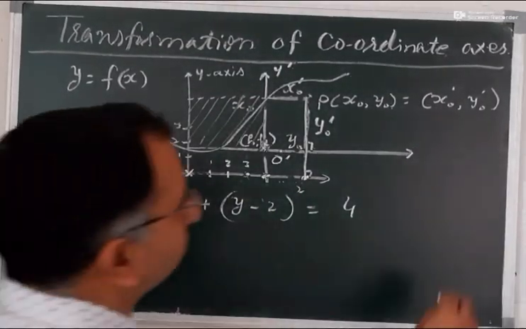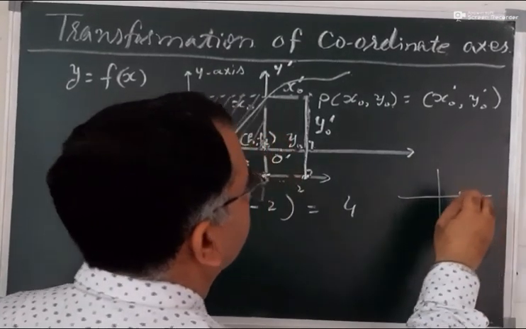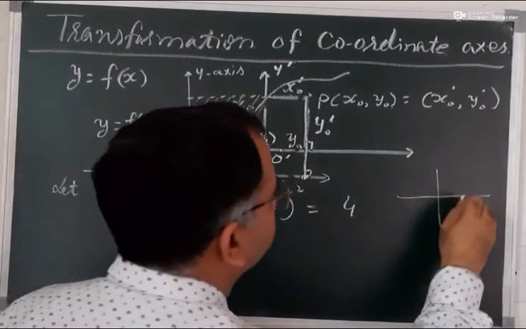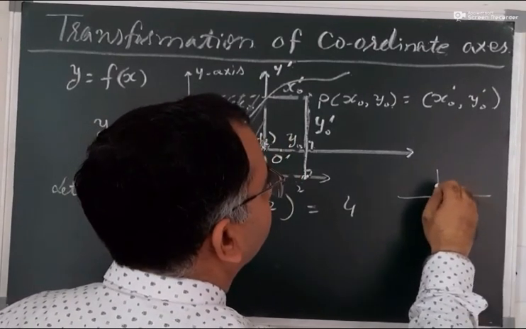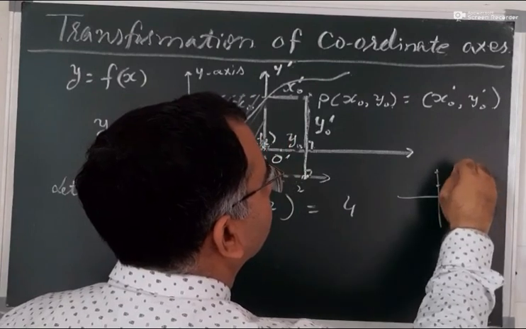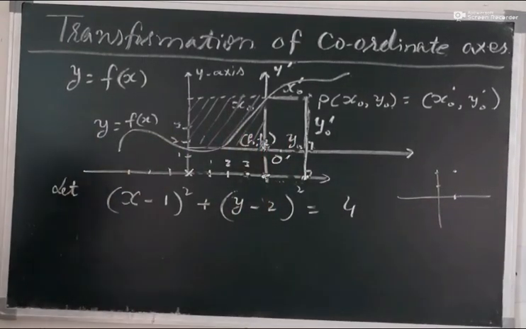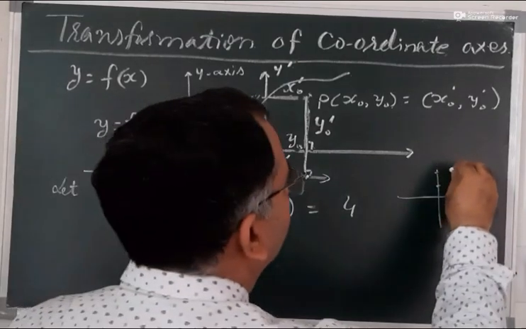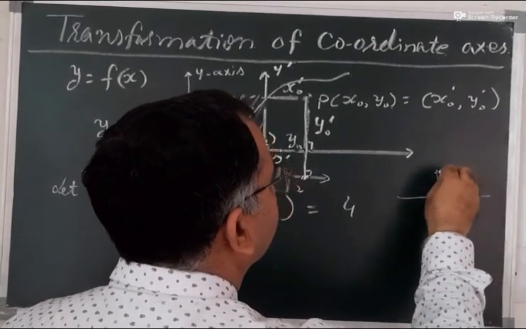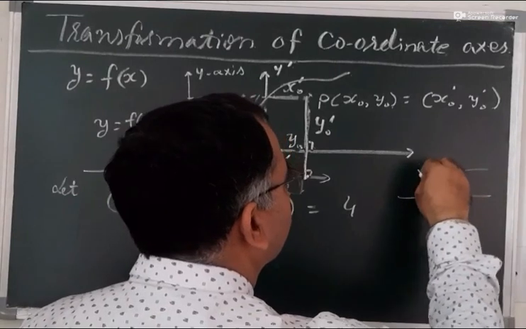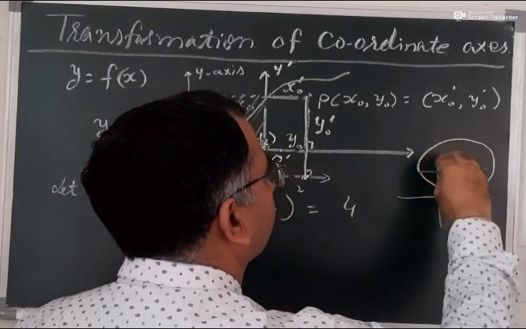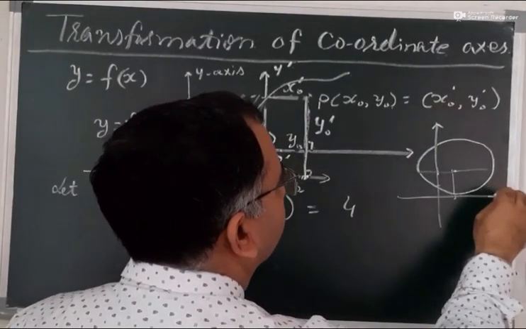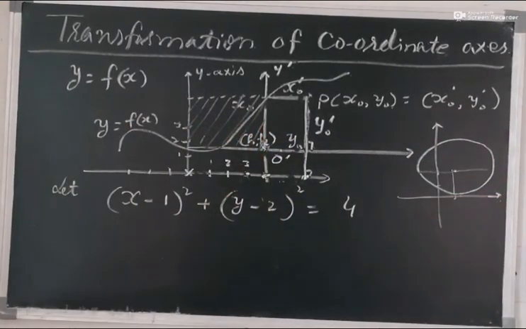If we plot this curve, the center is at x equals 1 and y equals 2, and the radius is 2. So the curve is this with respect to the x-axis and y-axis.